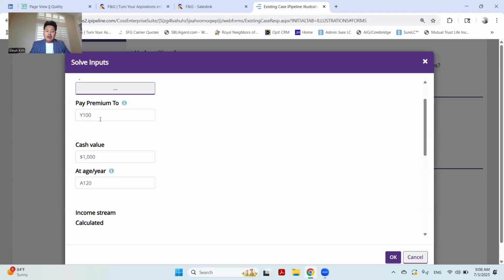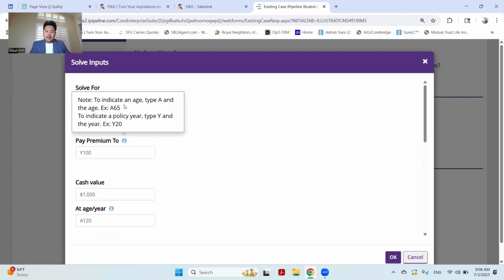Pay premium to, the default is Y100. Y100 means year 100. This is a default. If you take a look at this little I icon there, what does it say? To indicate an age, type A in front of the number. And to indicate a policy year, put a Y in front of the numbers.